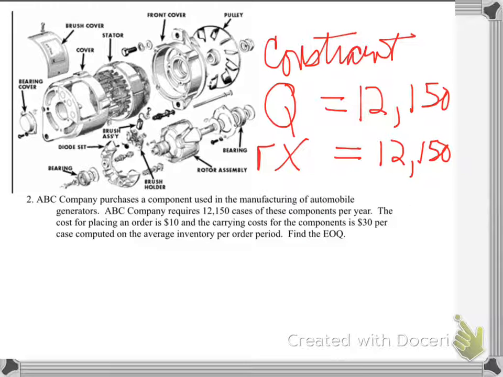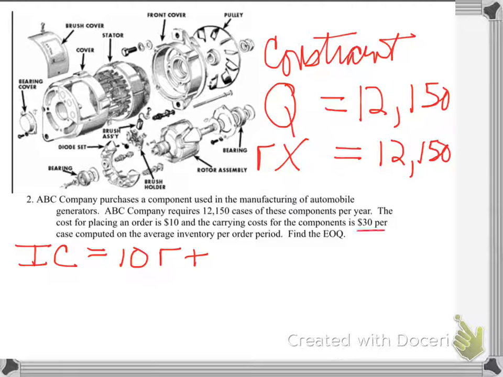All right. The cost for placing an order is $10. Let's work on our inventory costs. Inventory costs equal the cost for placing an order, $10 times the number of orders, which is the R. And plus, the carrying cost for components is $30 per case.